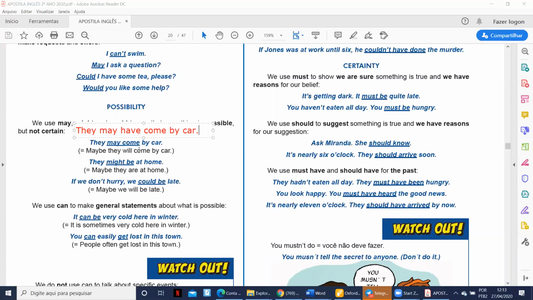So they may come by car. It's like it's going to happen still. I mean, that their coming is going to happen, and probably by car. And they may have come by car means they have arrived already, and I believe that they have arrived by car.